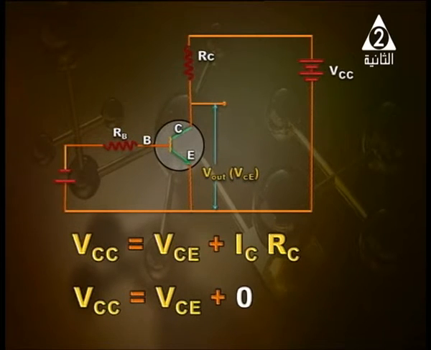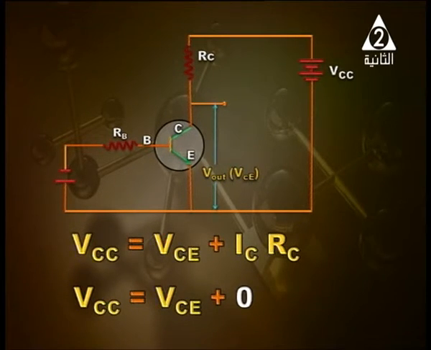The question is why? Once again, base current in this case is 0. When the base is connected to a negative potential, no current passes through it, and of course, no current passes through the collector. So ICRC equals 0. IC equals 0, so the product will be 0.